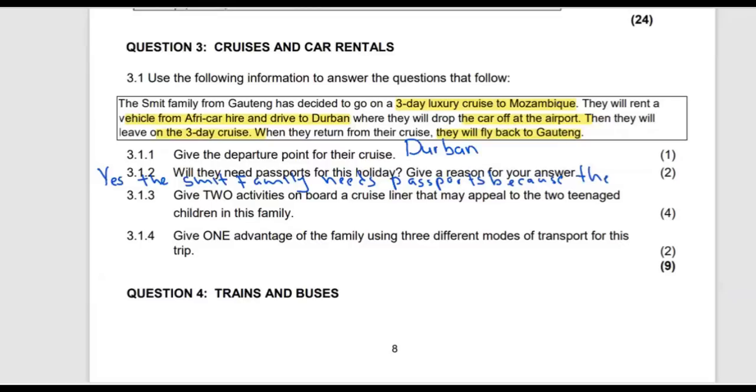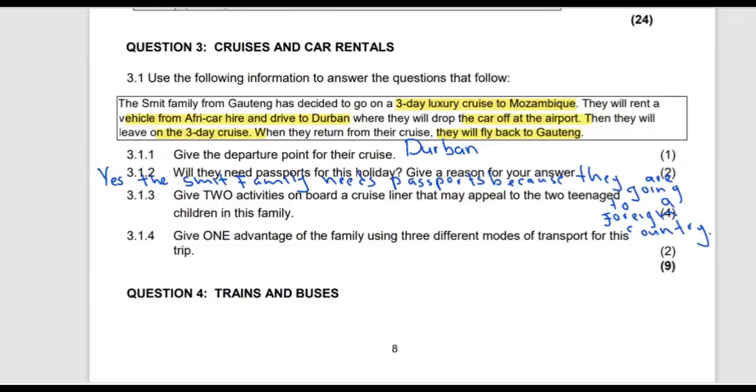They are going to Mozambique, which is a foreign country. In order for you to go to Mozambique, you need to be carrying a passport.